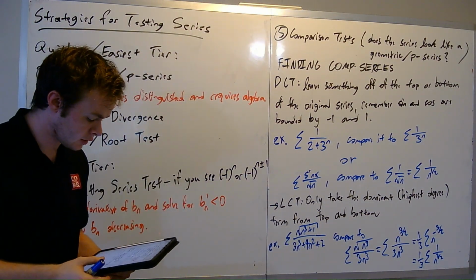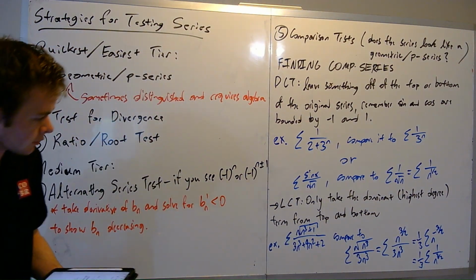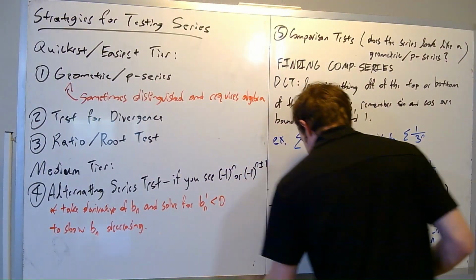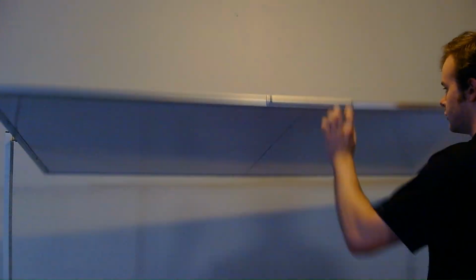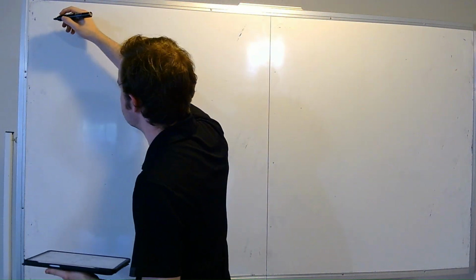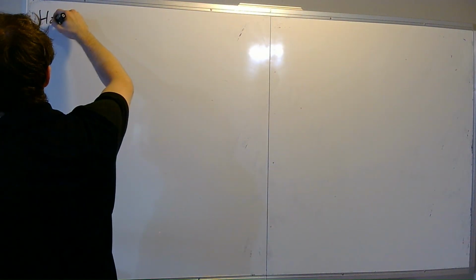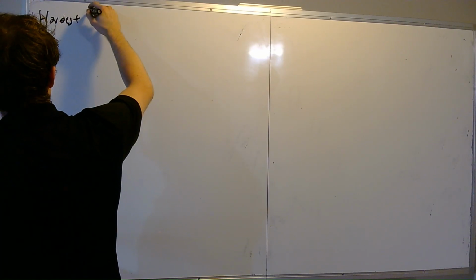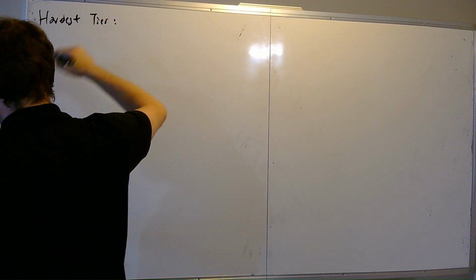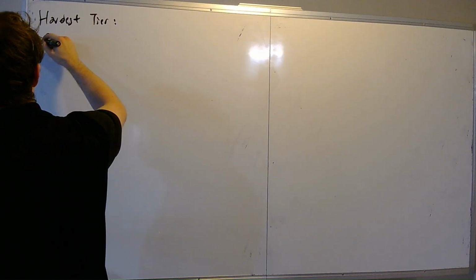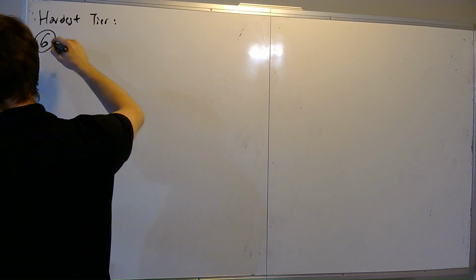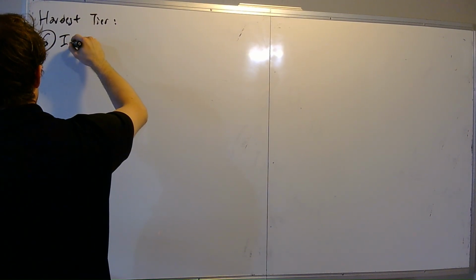Okay, and we've just got one last type of test that we went over. So if all that doesn't work, then we resort to what I'll say is the hardest here, which is going to be number 6, the integral test.